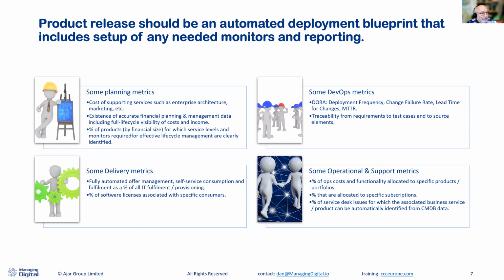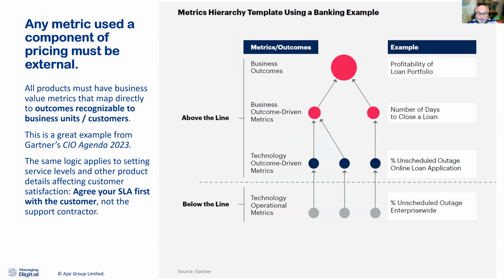So when we talk about metrics and measuring and things like that, I found this slide in a current Gartner piece that's out on the internet, so you didn't have to pay for it to see this, but this perfectly illustrates the point of what we mean about metrics that can be measured in dollars. In this example, there is some kind of a software system or IT system that supports the loan organization in the bank.